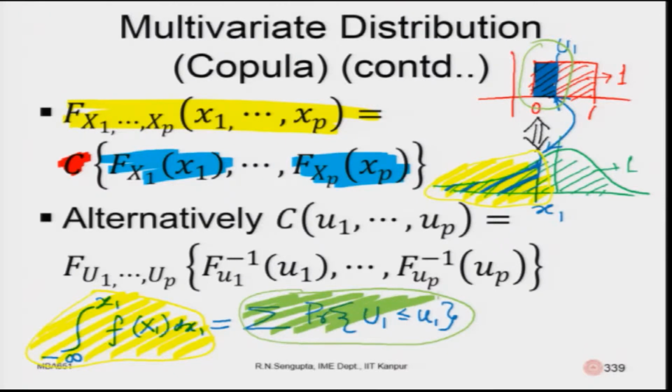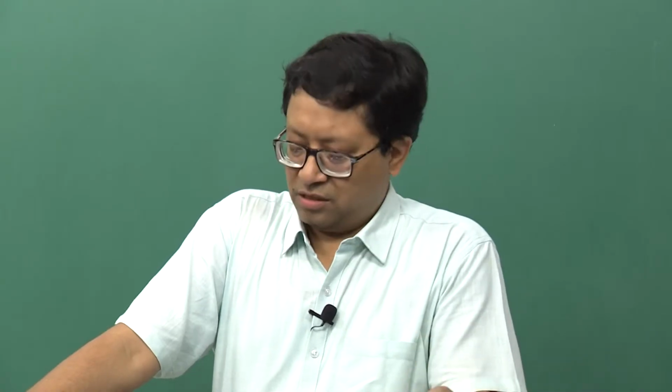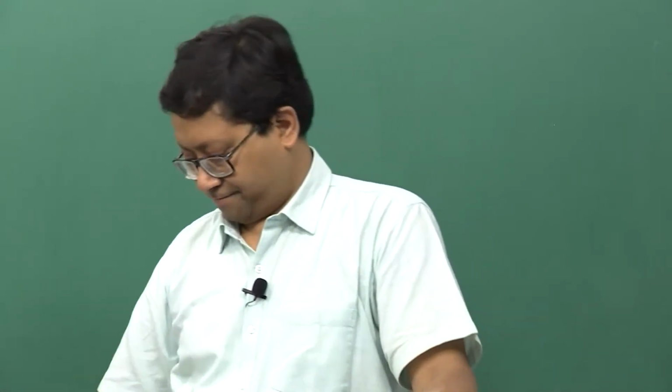So, this part and this part area-wise are the same. So, you use the equivalence and basically find it out. That is generally what we use for generating pseudo random numbers in the computer. That is basically the general essence.